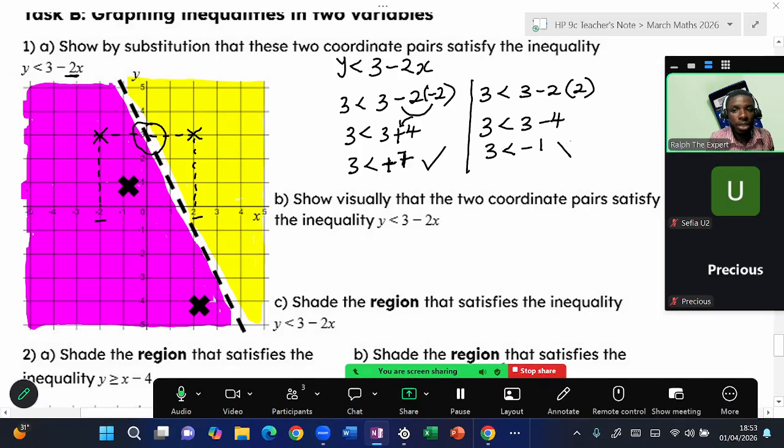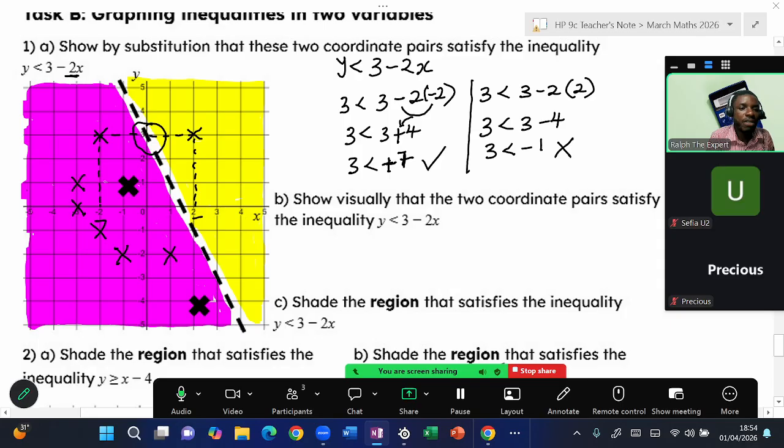is absolutely wrong. So therefore, if the value of x is -2, then y would be less than 3 minus 2x. That is the situation that satisfies the inequality. So it means any other point here, even this point, will agree. All of the points here will agree.